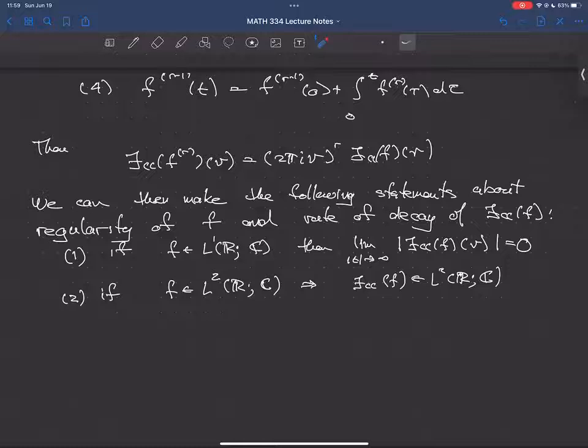But the connection between rate of decay and L2 versus L1 is more complicated, because you can have continuous signals in L2 that don't even go to 0 as, in this case, frequency or time goes to infinity.